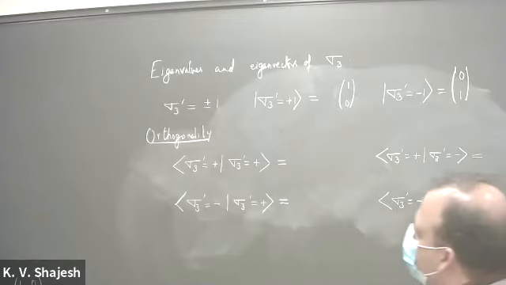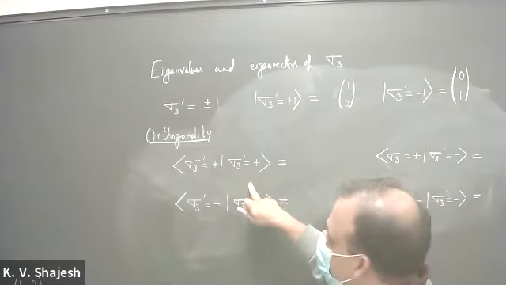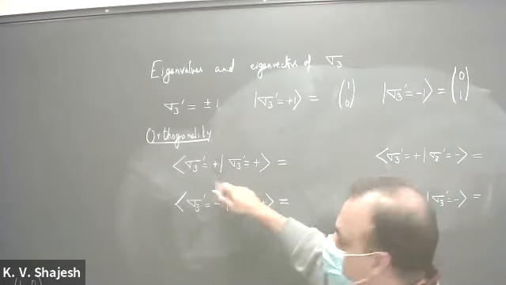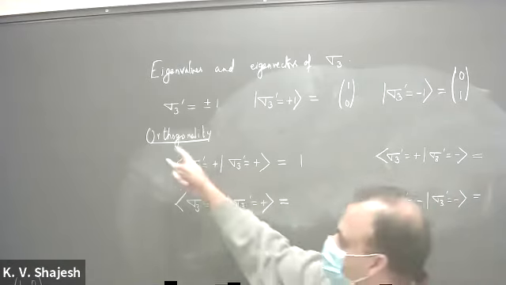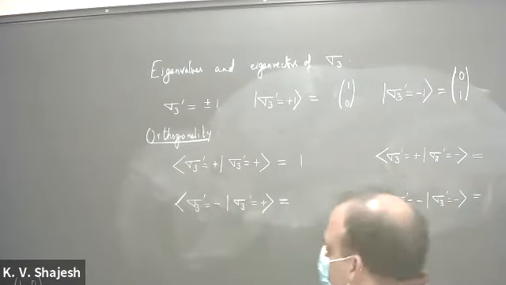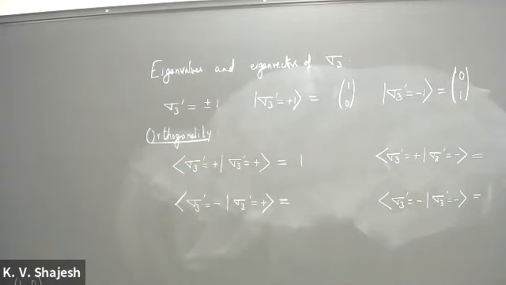Each one of them. What is this? This is 1, 0. That's also 1, 0. That's 1. And since it is normalized, that's perfectly fine. What about this? Zero.